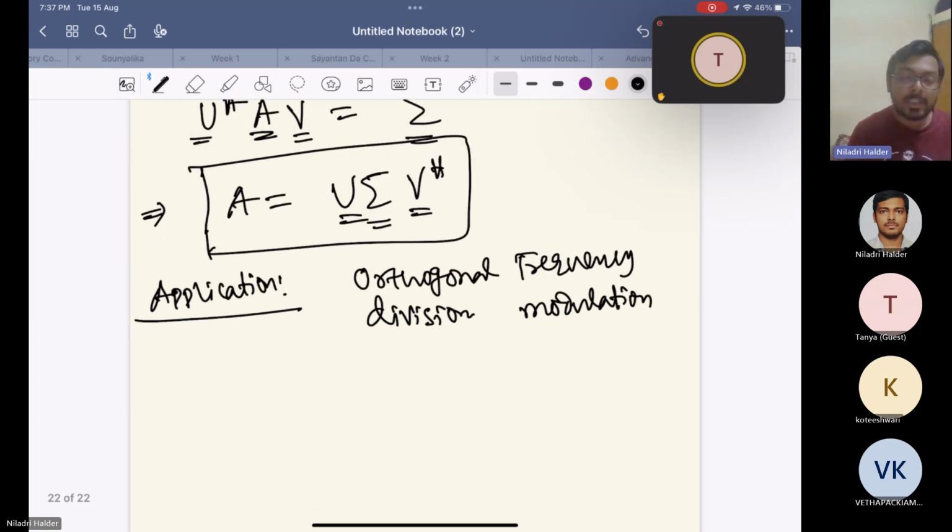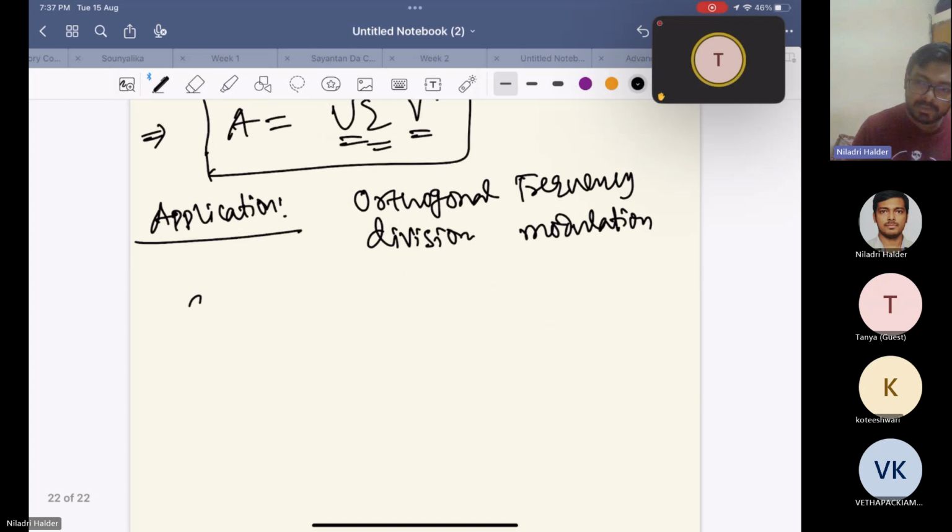So in the OFDM case, if I transmit data, after that some portion of the data is repeated, and that will make the channel a circulant channel. A circulant matrix is nothing but another matrix. So some circulant matrix will come here.